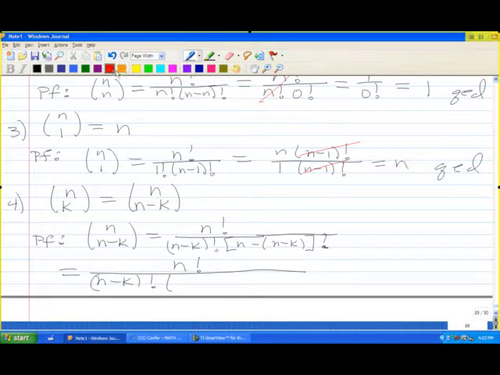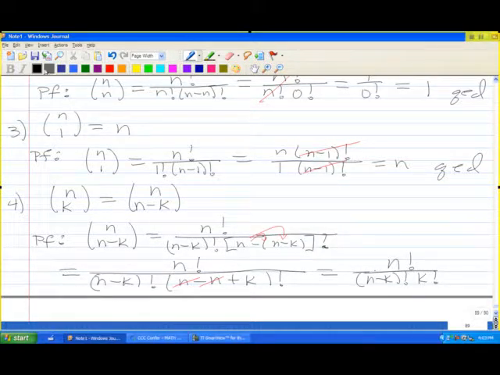Let me change all the signs. And so I have a minus out here, so I can change all the signs inside the parentheses. So it's n minus n plus k factorial. So the n's cancel. And you just get n factorial over n minus k factorial times k factorial.